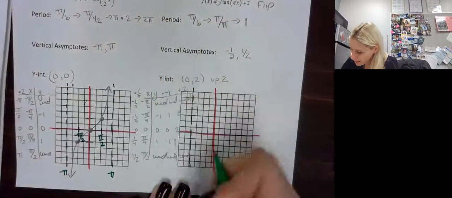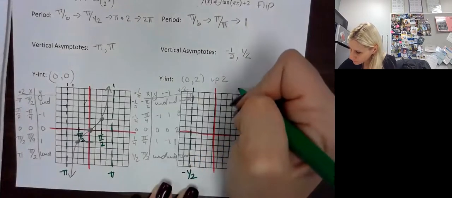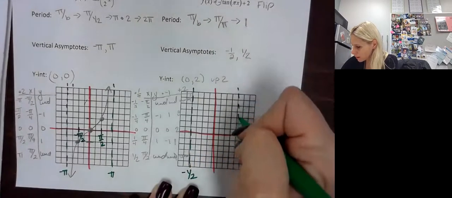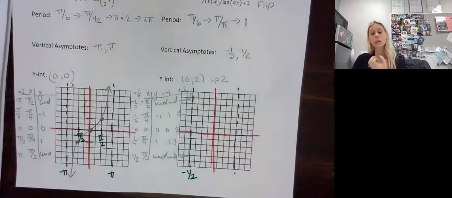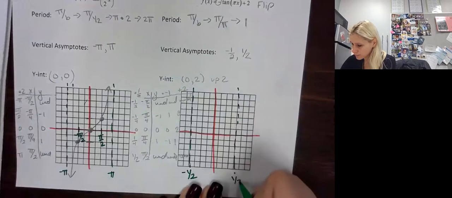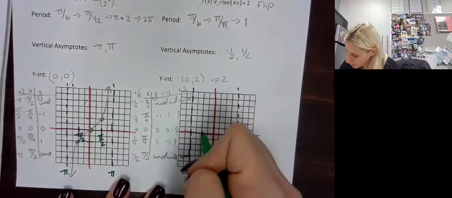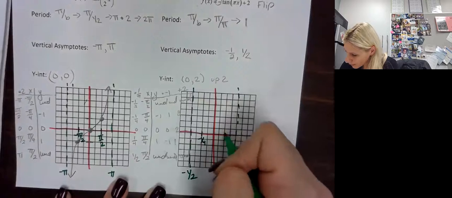It is at negative 1/2. So you can make your asymptotes wherever, as long as they're evenly spaced and they're labeled. And this one is 1/2. Which means right in the middle is our negative 1/4 and our 1/4.